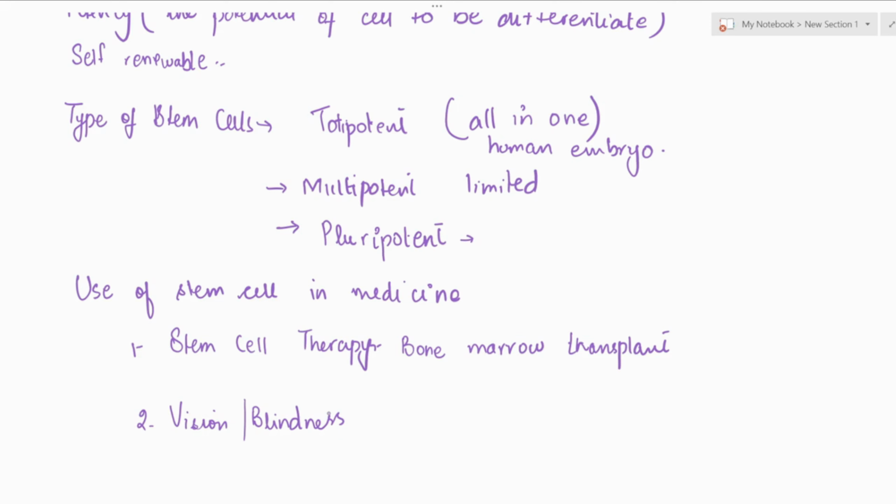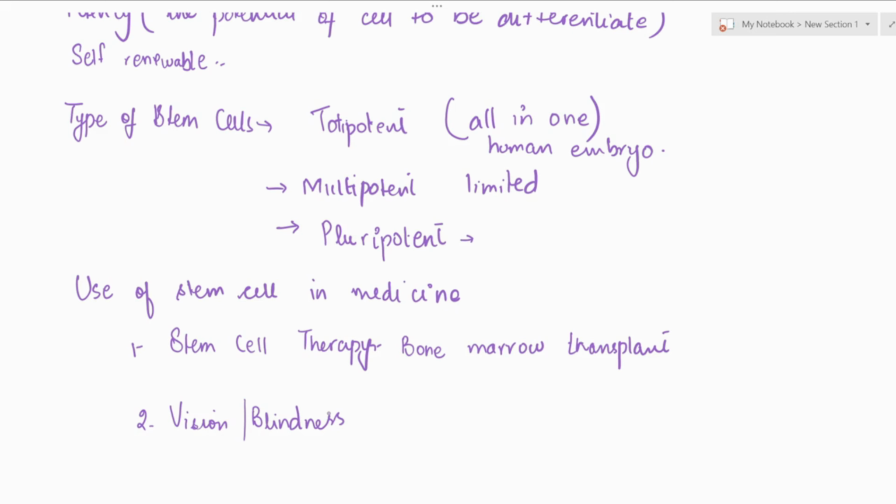We can replace the eye cells because they do not divide after a certain limit. The size of the eye remains the same since you are born. It won't change. So they don't divide, basically.